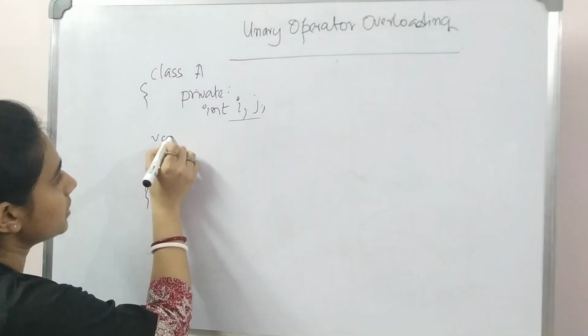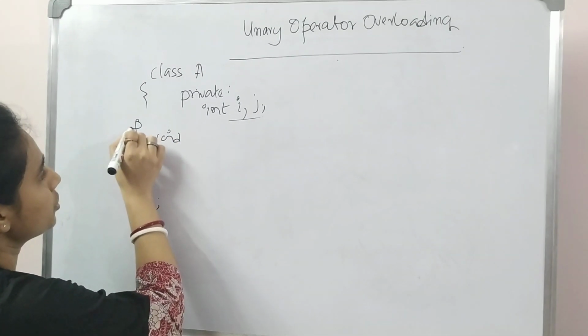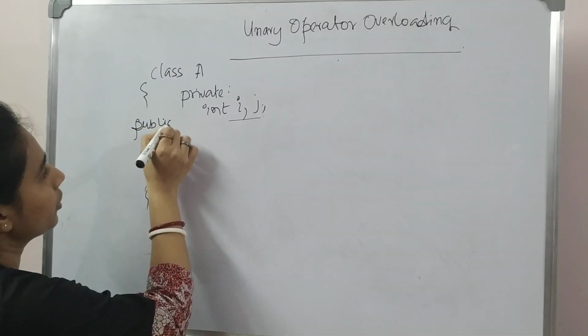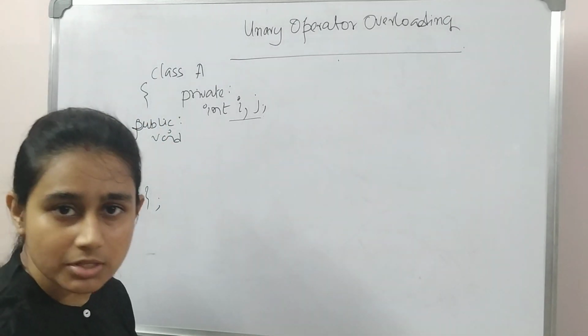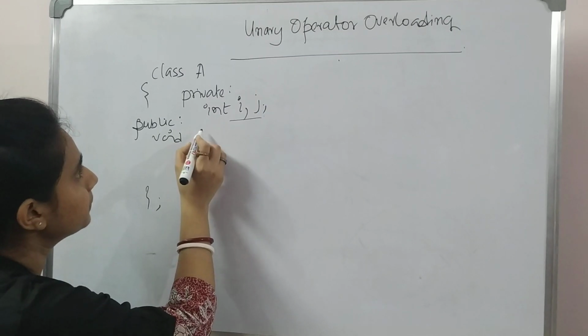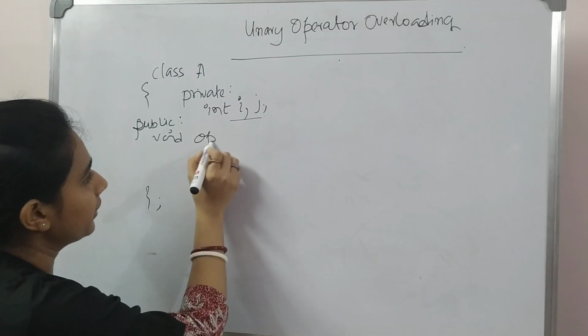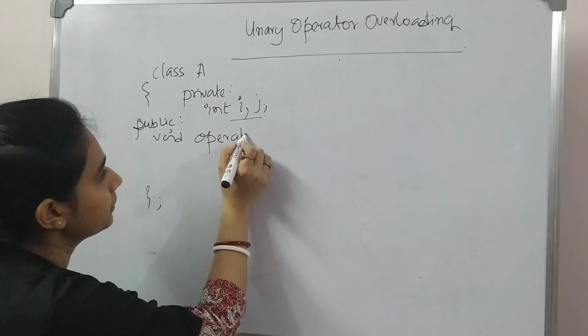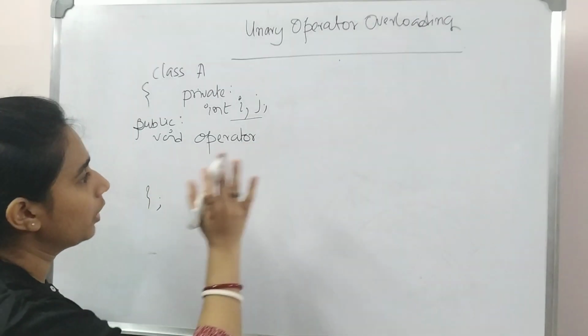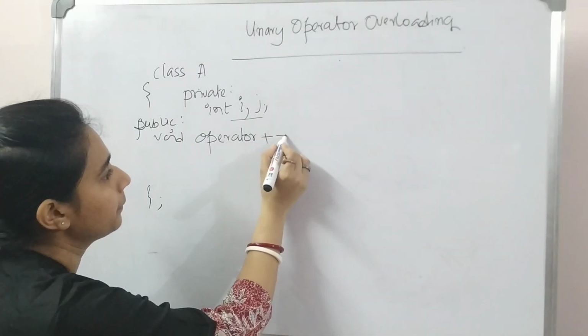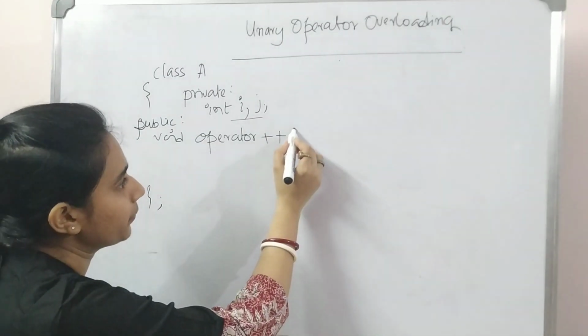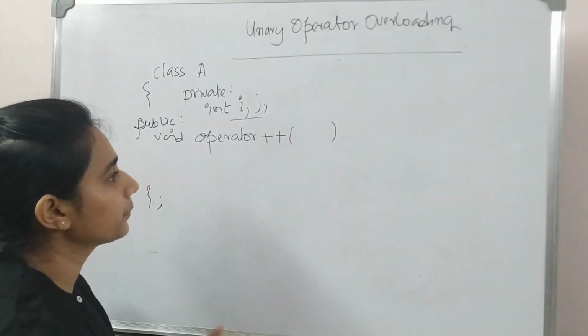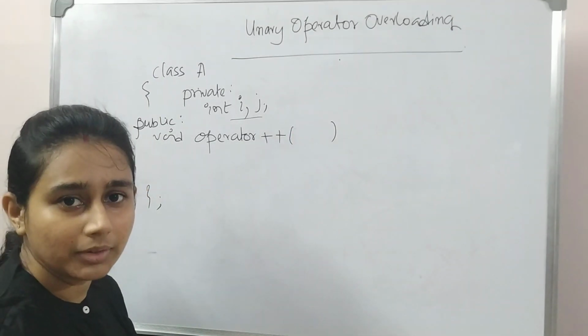Return type, say void, and that should be in the public access specifier: void operator ++. Now tell me, what will be in the argument?